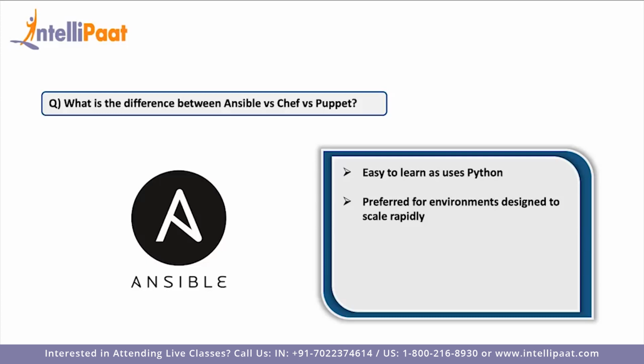Basically, with Ansible, you don't have to install the Ansible client software on the systems on which you want to deploy the configuration. Ansible just has to be installed on the master, and that is it. No other configuration required. You can directly control the configuration of the client server given you have access to it.